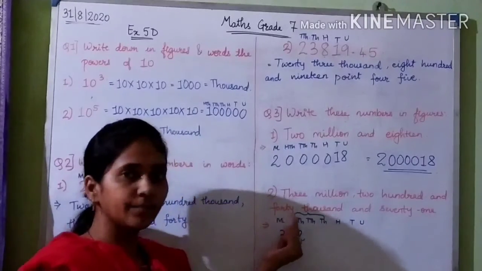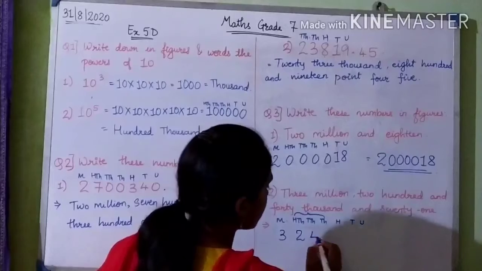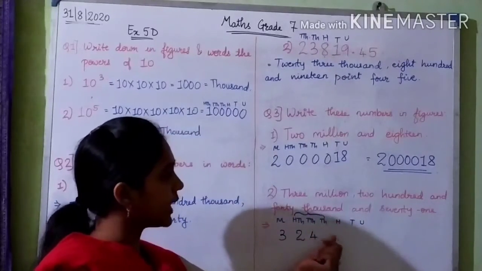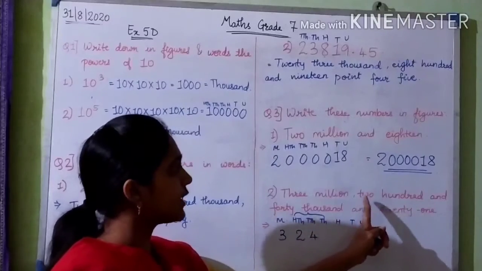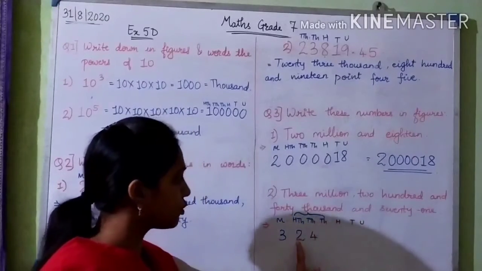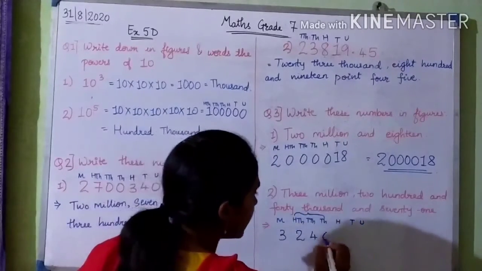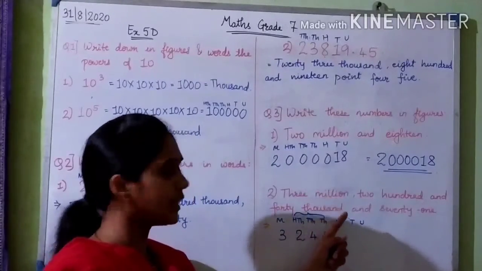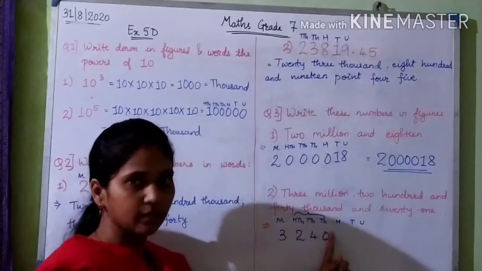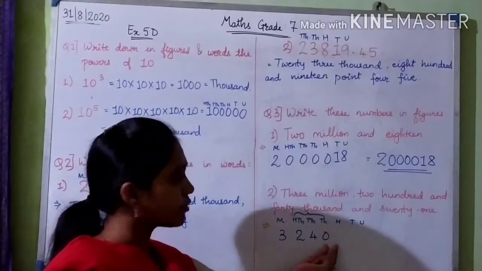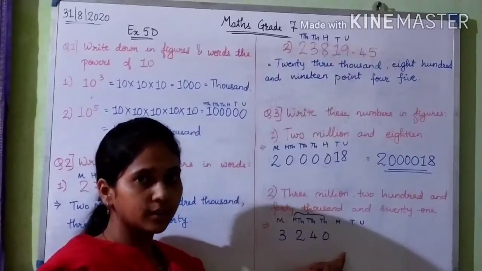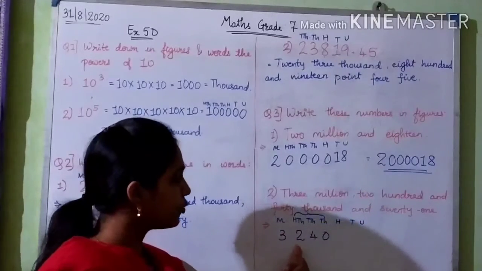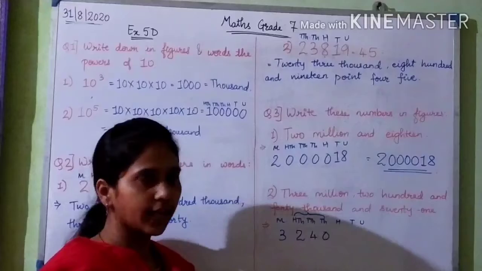So 40, we write 4 in the 10,000s place, and in 1,000s there is nothing given. It is given as 240,000. If it would have been given 243,000, then in the thousands place there would be a 3. But here they have only given 240,000. So 240 we write like this.